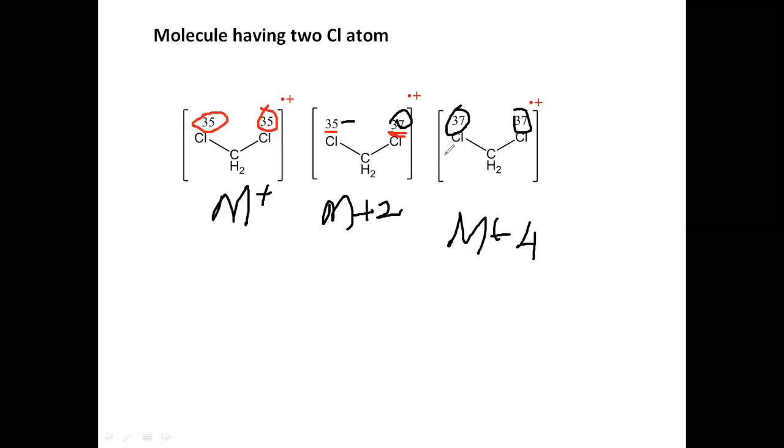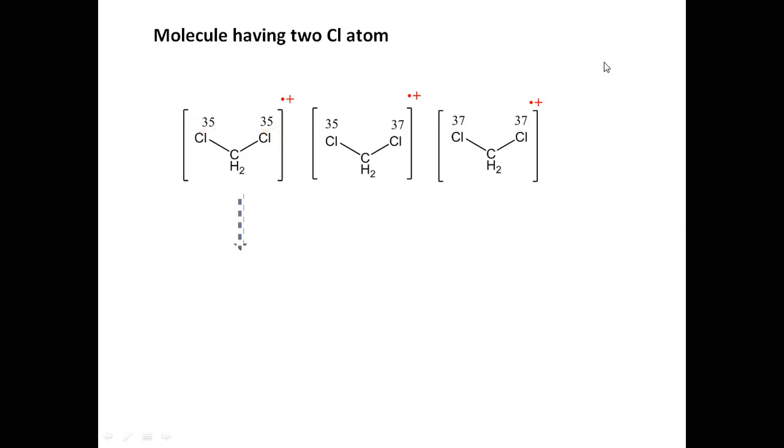And if there are 3 chlorine atoms, the peaks would be 4. And like that we can find out. So let us go for this calculation. So suppose this is M plus 2 and M plus 4. How is this formed? M plus means 35, the lighter isotopes of chlorine we have taken. Here 35 and 37 means one is lighter, another is a heavier isotope, so M plus 2.